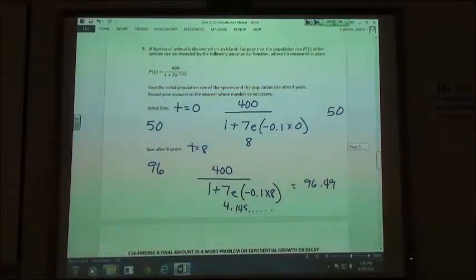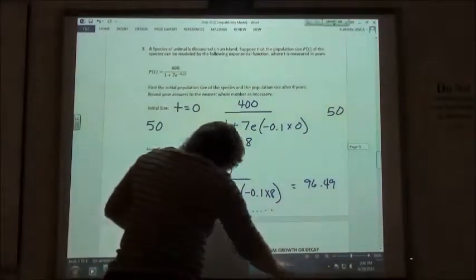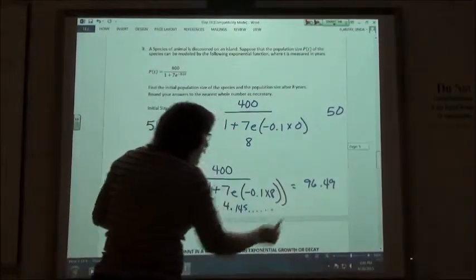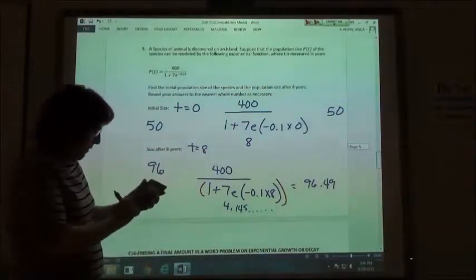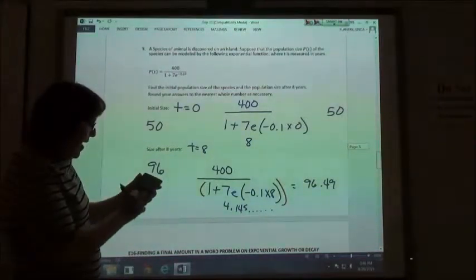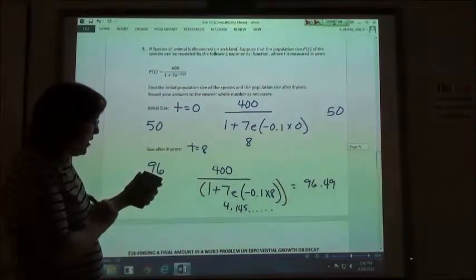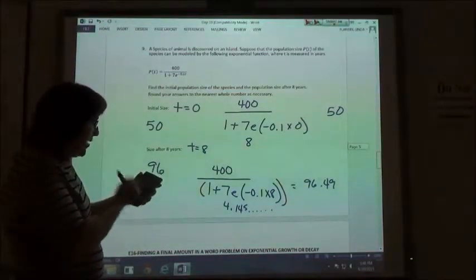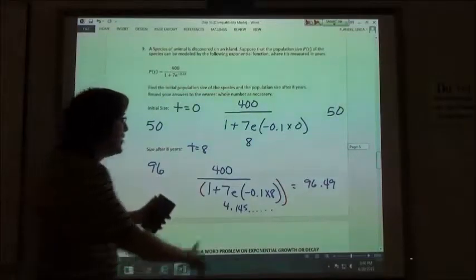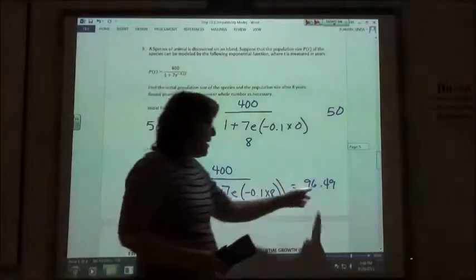Okay? Now if you did want to use all of this at one time, you'd add an extra set of parentheses. And so you could do this on your calculator and do it all at once. 400 divided by parenthesis 1 plus 7 shift natural log e parenthesis negative 0.1 times 8 parenthesis for the e, parenthesis for the denominator of your fraction, and if you hit equals you should get the exact same answer.